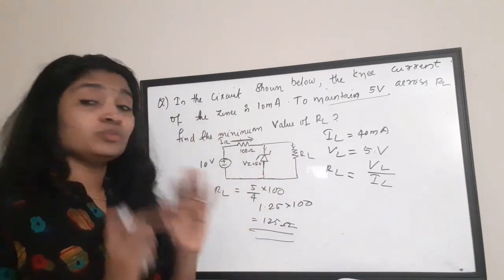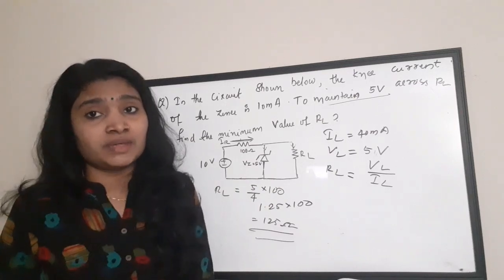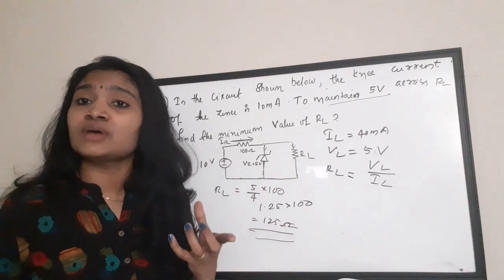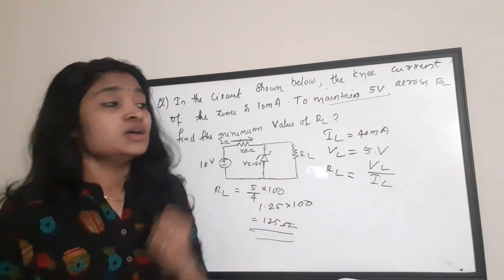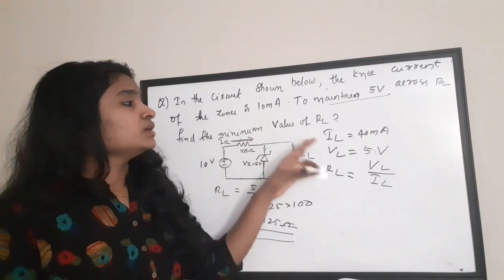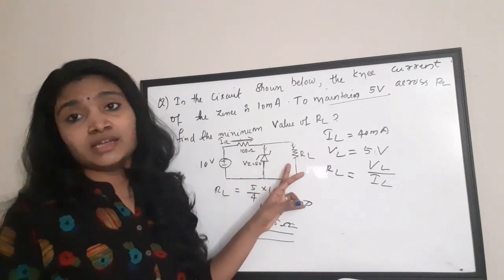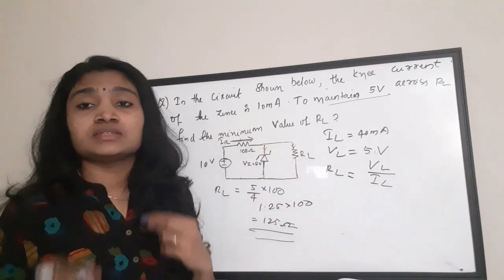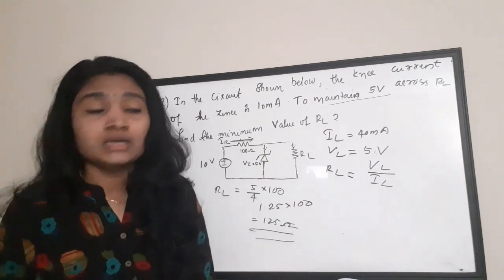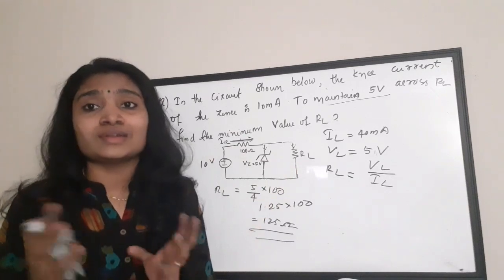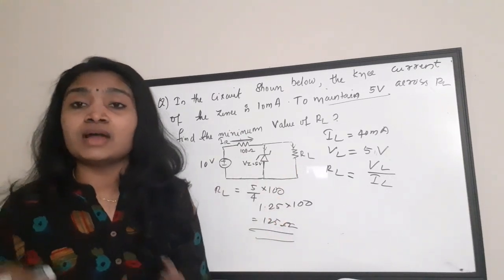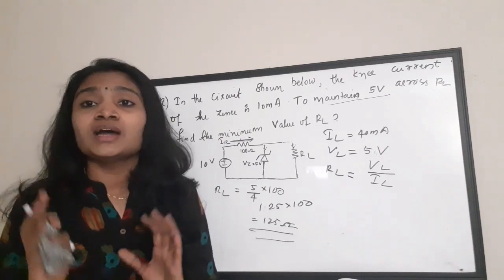We have to maintain a minimum of 10 milliampere through the Zener, and we have to make the load current maximum because we need to find the minimum resistance value. So the current is 40 milliampere through the load resistance. Now we have 5 volt and also the value of current, so we can find the load resistance, which is 125 ohm. I hope this is clear.